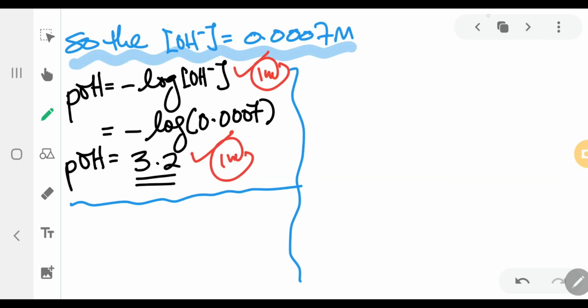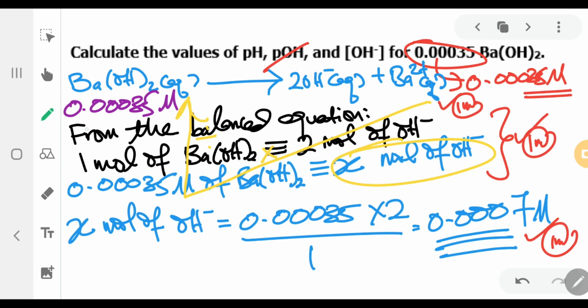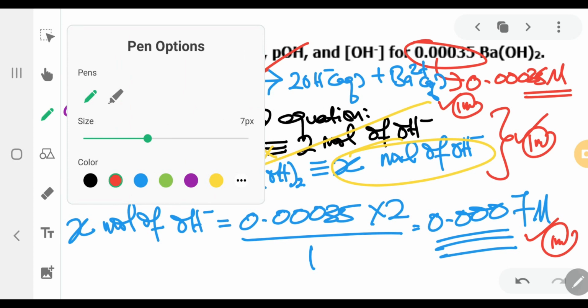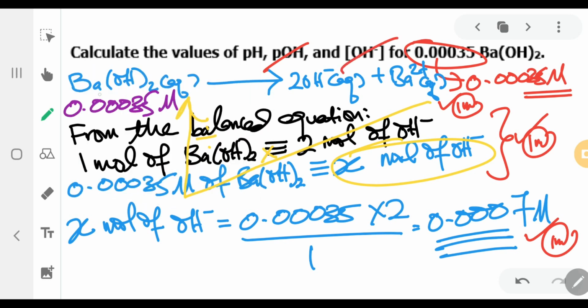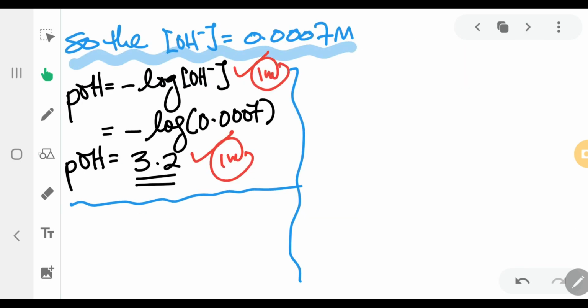What about pH? And also, if you look here, we have found out the concentration of OH minus as well, which is this one, concentration of OH minus. So what about pH? pH, because we have this value over here already, plus pOH equals to 14.